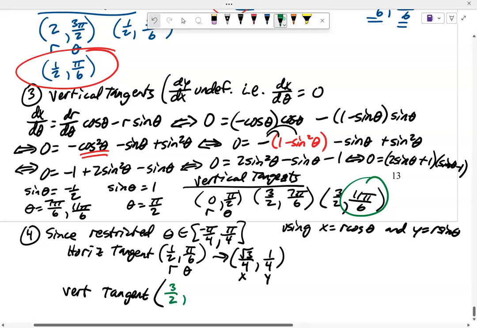Instead of 11 pi 6, I'll use negative pi 6. So I have one in between negative pi fourths and pi fourths, right? And using x equals r cosine, y equals r sine, that would end up being 3 root 3 over 4 and negative 3 fourths. Well, thanks so much for taking notes. We'll see you guys next time.